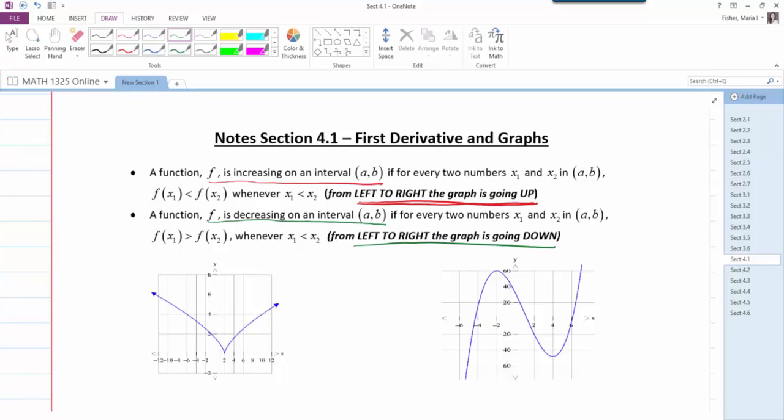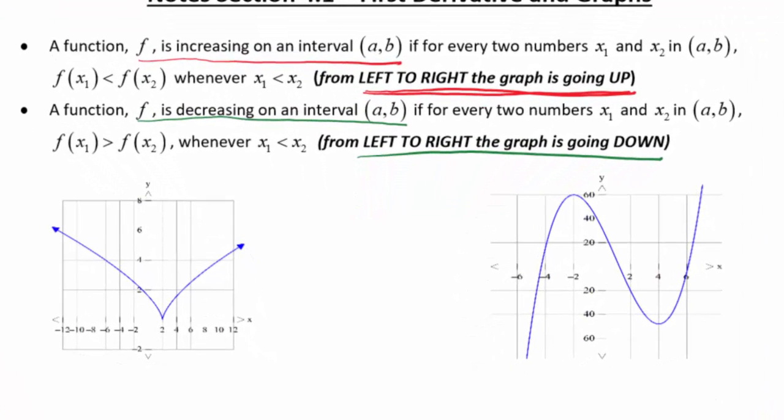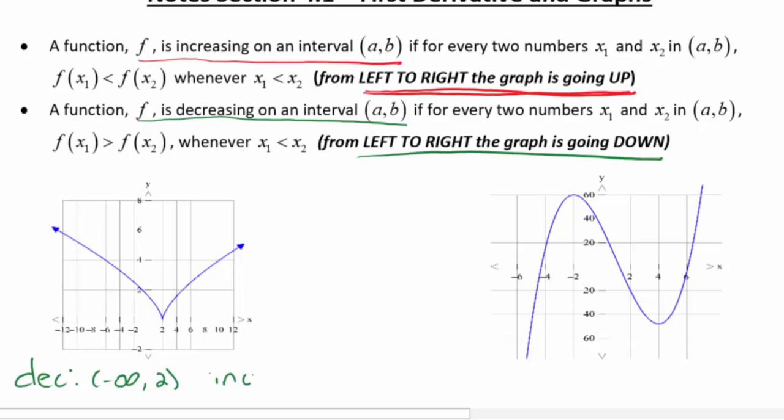So let's determine the intervals of increasing and decreasing for the following two pictures here. For the graph on the left, I am decreasing from negative infinity all the way to positive 2, and I'm increasing from 2 to positive infinity because the graph goes up from left to right there.